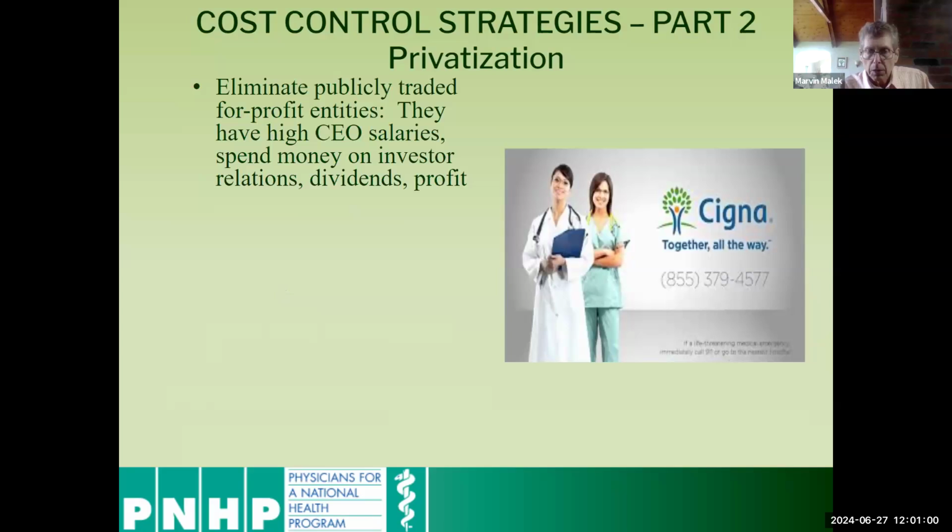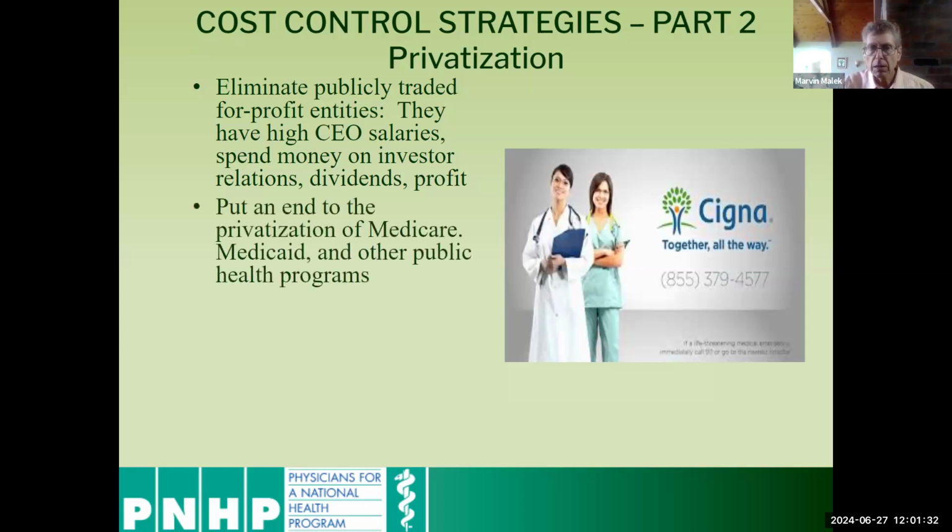So you could ban for-profit entities. Would that go after volume or price more? Price. Absolutely. They're going to have to charge more and divert that money. You heard in the private equity talk that step one for a private equity company, the first thing they do when they take over a healthcare facility, is drastically raise prices to whatever they can get away with. So yeah, I agree with that.